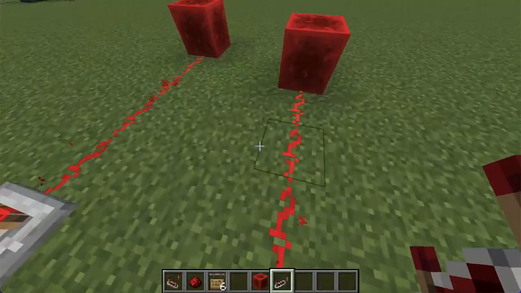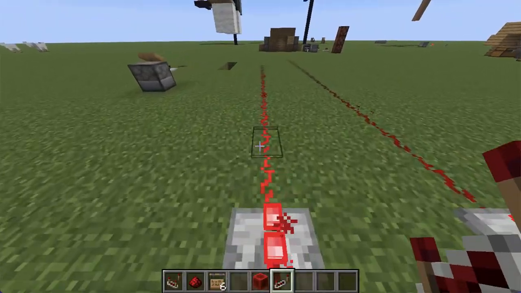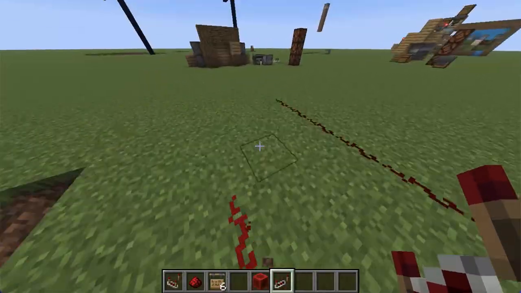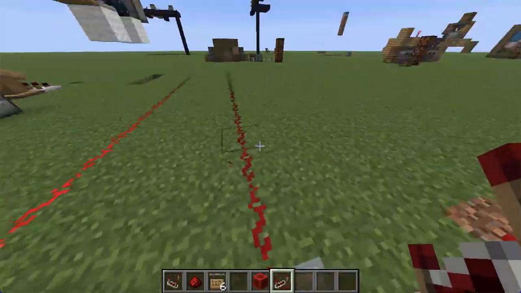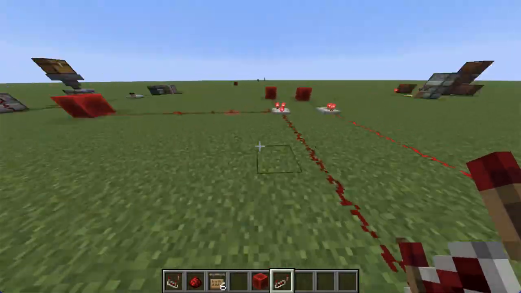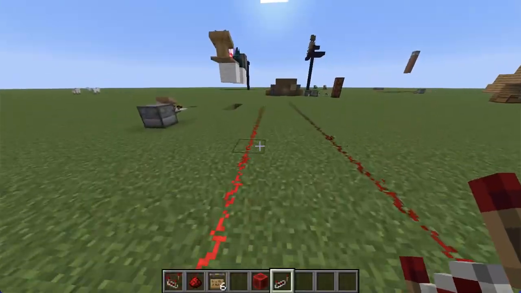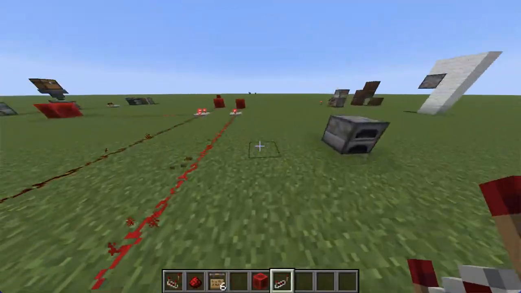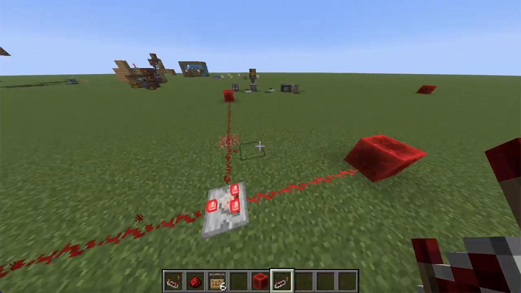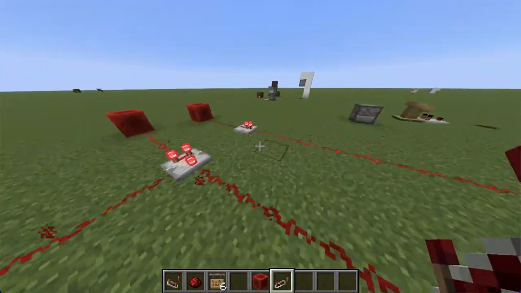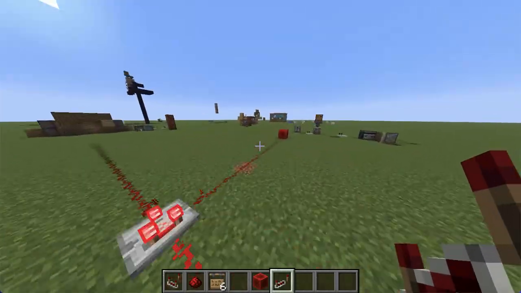Is it the wrong way? There we go. Yeah, it'll input a full strength signal. So this compares and sends out a specific signal. This one just sends a full 15. Right, okay, that makes so much more sense now. Guys, I'm so happy that I finally learned this.